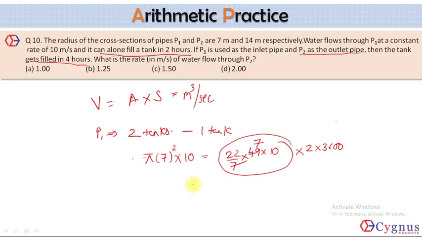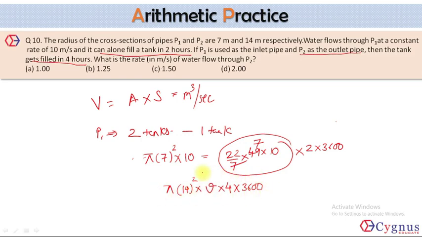And this much tank can be emptied by the second pipe P2 in how many hours? 4 hours. So what is the rate in meters per second of the water flow through P2? How do we write it? I'll say pi r square, that is 14, into speed, take it equal to v. And this was on for how many hours? 4 hours. So 4 hours should be converted into seconds.